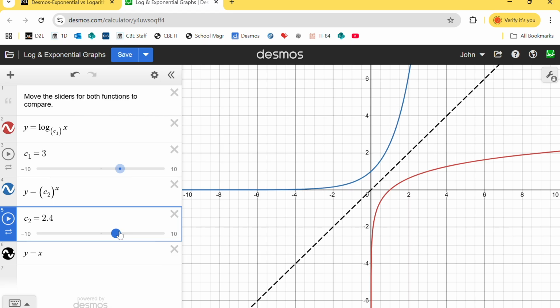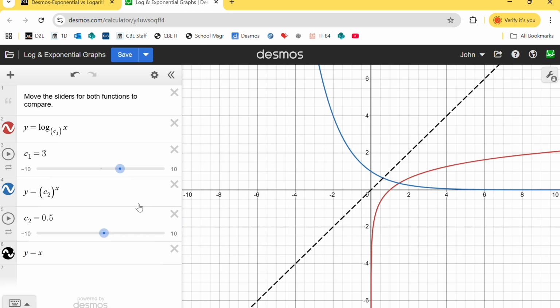Let's go to base equals 0.5. Well, we know that's going to create a decreasing exponential function. Okay, what happens if I go for the logarithm with a base of 0.5? You should expect the mirror image, so 0.5, okay, and it's still a mirror image across that y equals x line, okay?